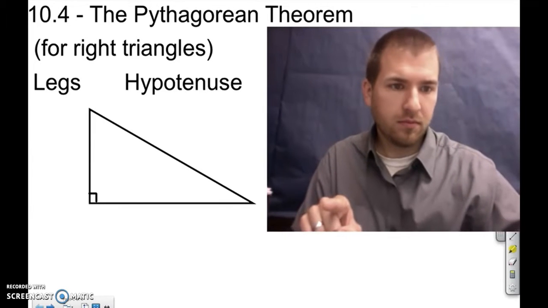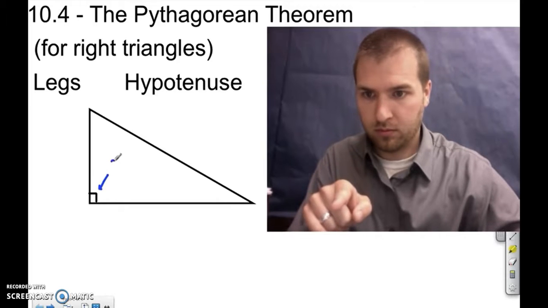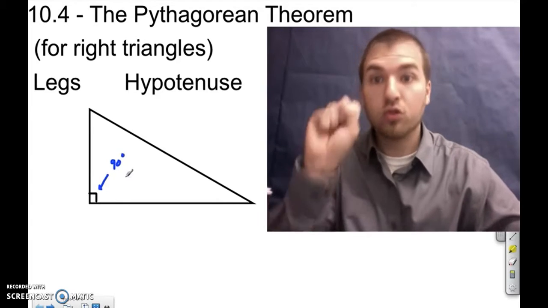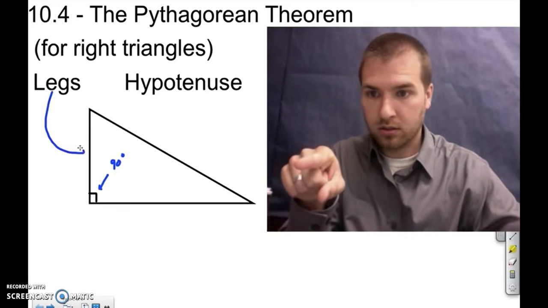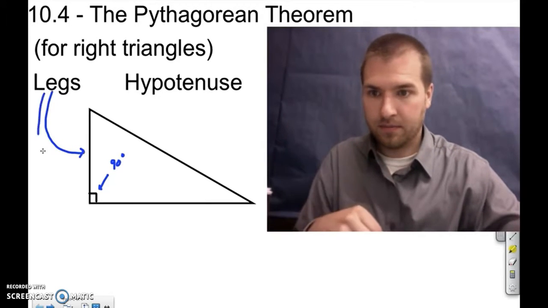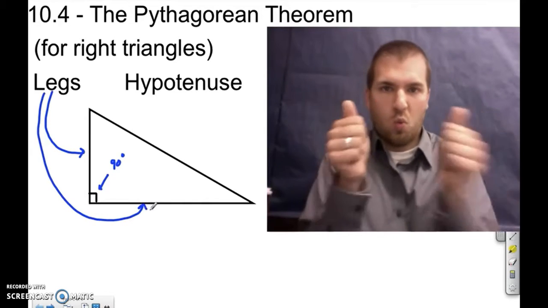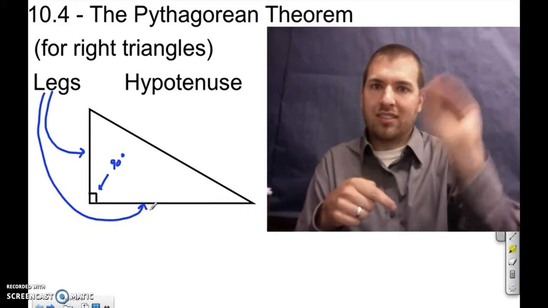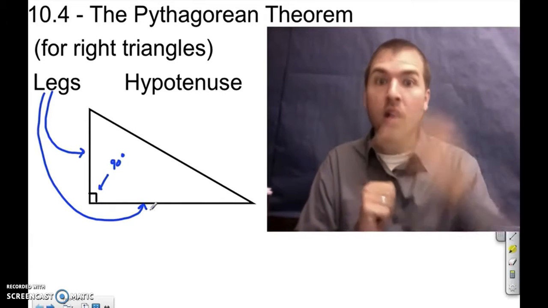I'll show you really quick. This is the 90-degree angle, so the legs are this part of the triangle and this part of the triangle. They're always next to the 90-degree angle. Those are the legs.